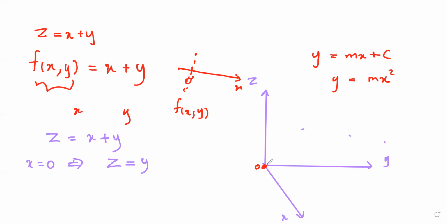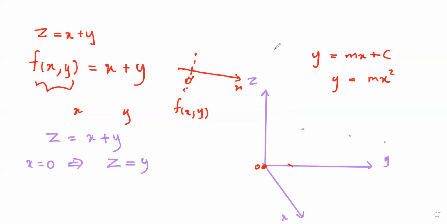So if you plot a point in this part, and find the value of x, it's going to be 0 because it's perpendicular to that point. Likewise, if you plot a point over here, the x value is going to be 0. I hope now you have clearly understood that x is 0 in the yz plane.